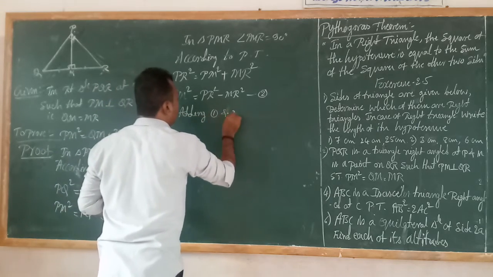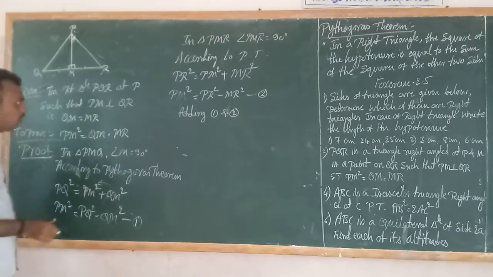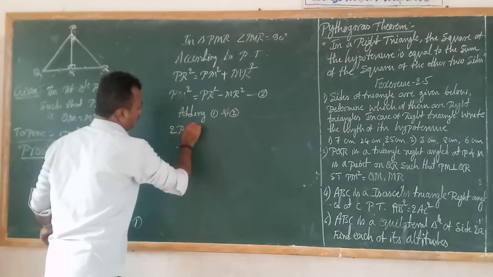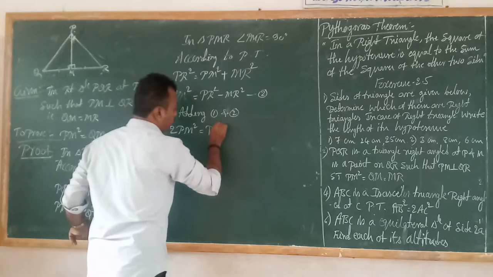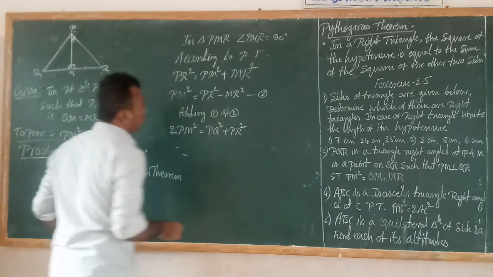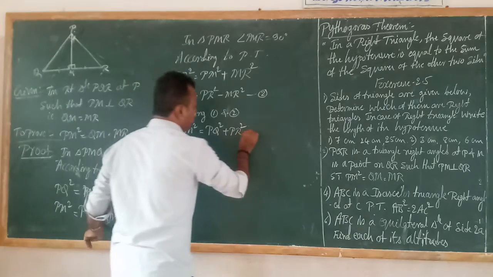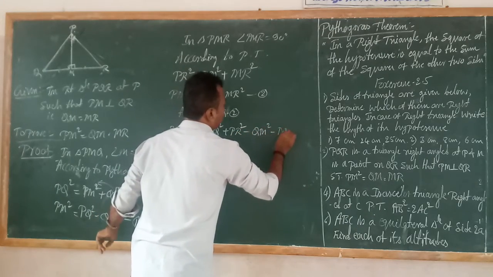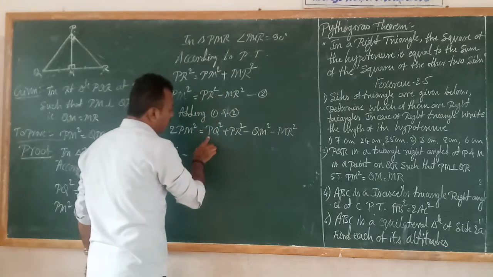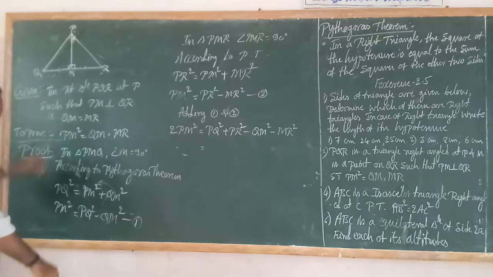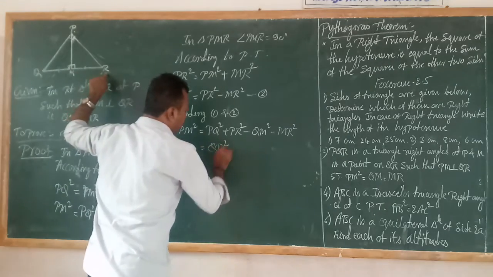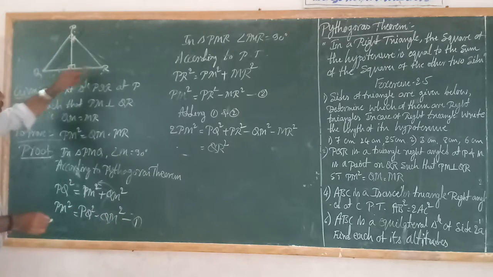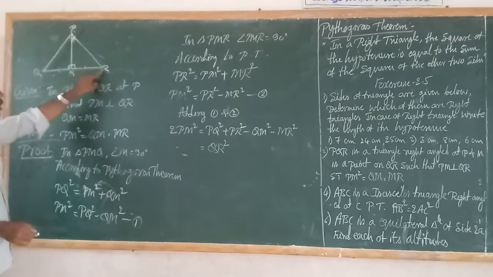Adding 1 and 2, we get 2 times PM square equal to PQ square plus PR square minus QM square minus MR square. Now PQ square plus PR square we can write as QR square, because PQR is a right angle triangle at P and QR is the hypotenuse.